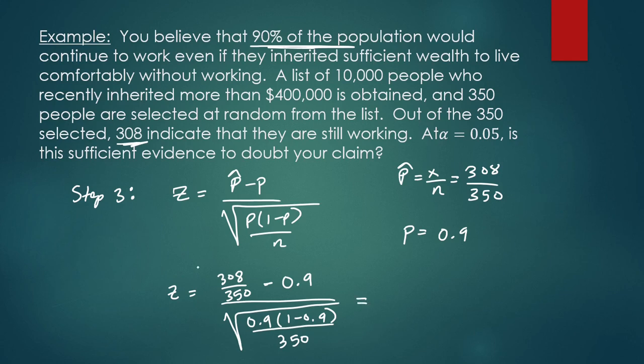Now a good tip if you're struggling with the calculator is to put parentheses around the numerator. You can do the top separately if you like, and then do the radical on the bottom separately. That would be easier to input in the calculator. And once you do the output, you get a test statistic of z equals negative 1.25.